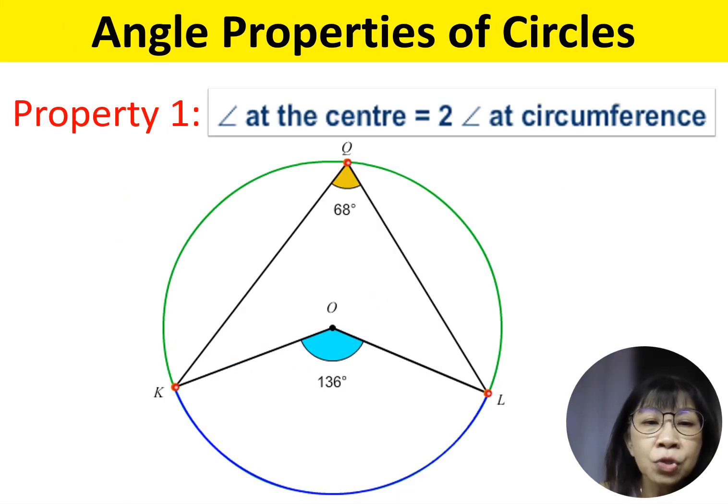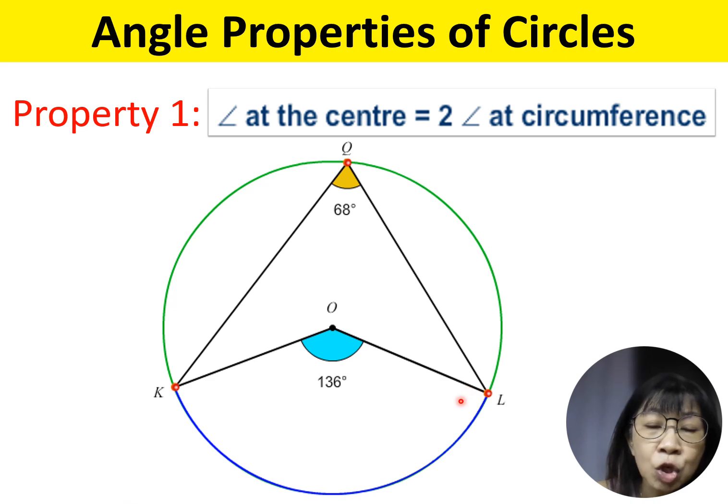Now we move on to angle properties of circles. The very first property that we are going to introduce is known as angle at the center equals 2 times angle at the circumference. In this diagram, you will have the angle at the center, which is subtended from this chord KL. You also see that the angle at the circumference KQL is subtended from the same chord KL.